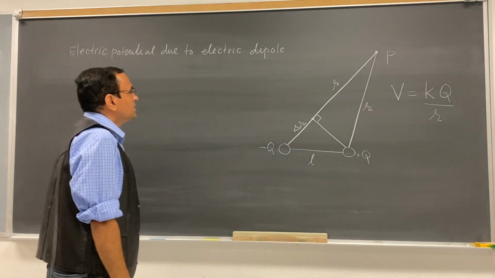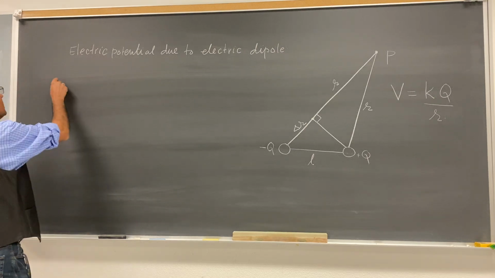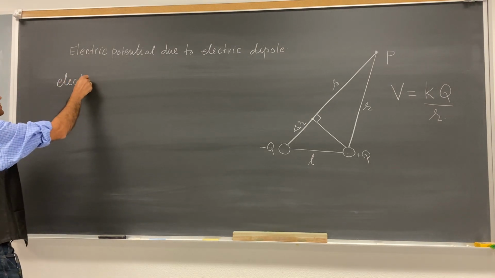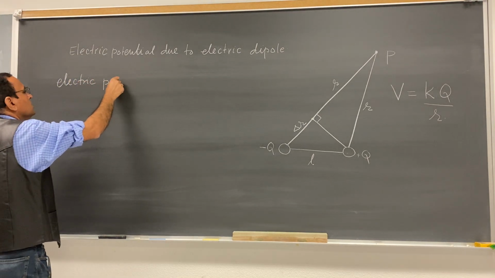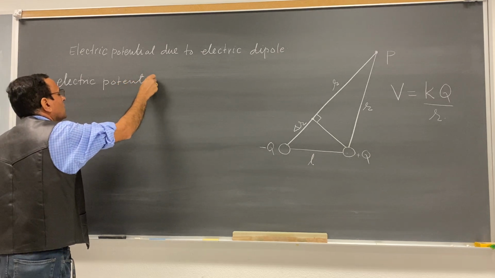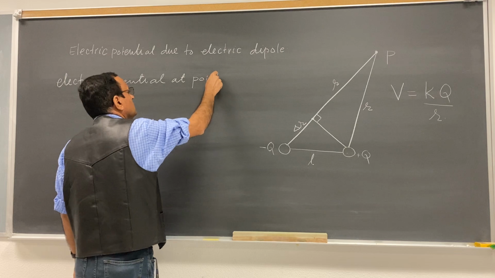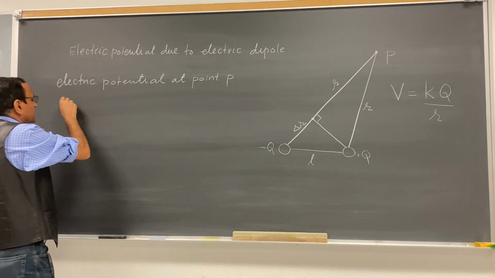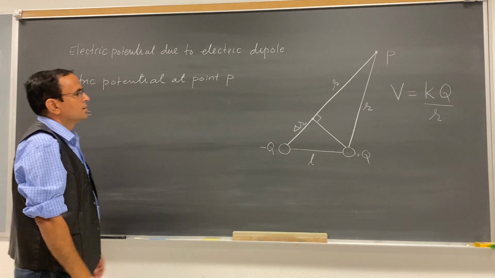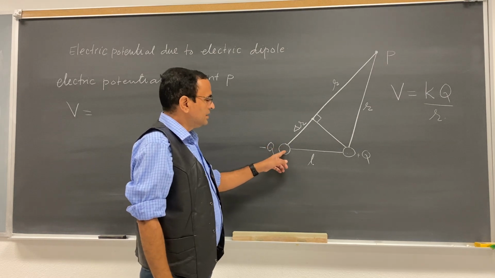So the electric potential at point P is, let me write down V, the electric potential due to this positive charge plus the electric potential due to this negative charge.